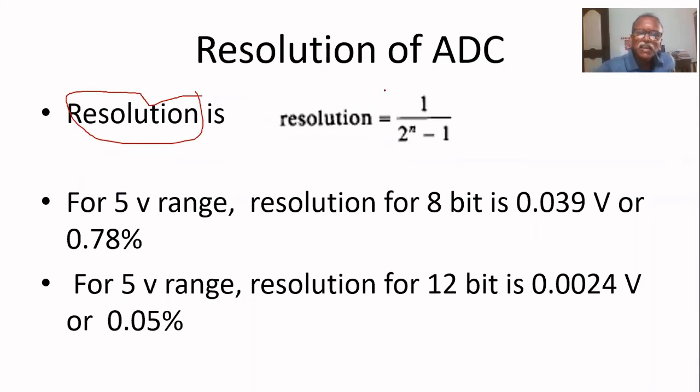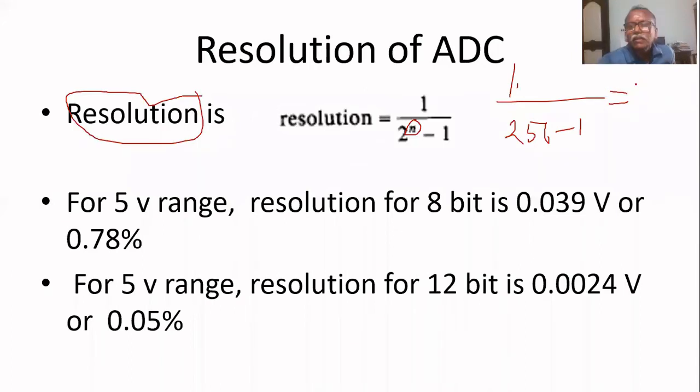Suppose I'm using an n-bit ADC, here 8 bit. In that, the resolution is 1 by 256 minus 1, that is equal to 1 by 255.